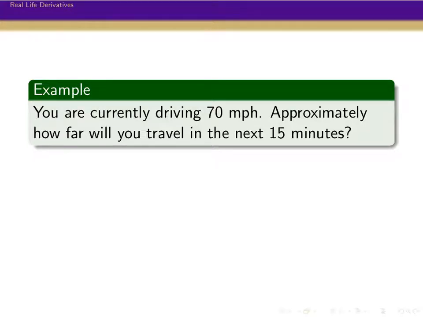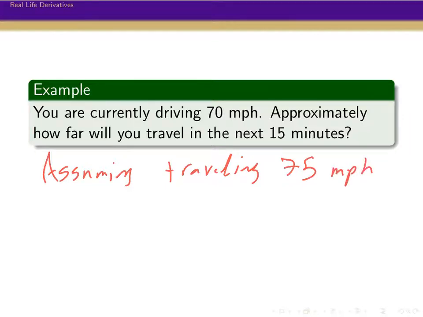Okay, so let's do a really straightforward example. You're currently driving 70 miles per hour. Approximately how far will you travel in the next 15 minutes? The only information you have so far is that right now you're traveling 70 miles per hour. So what does it make sense to assume? Well, we're going to assume that we're going to be traveling 70 miles per hour for the next 15 minutes.